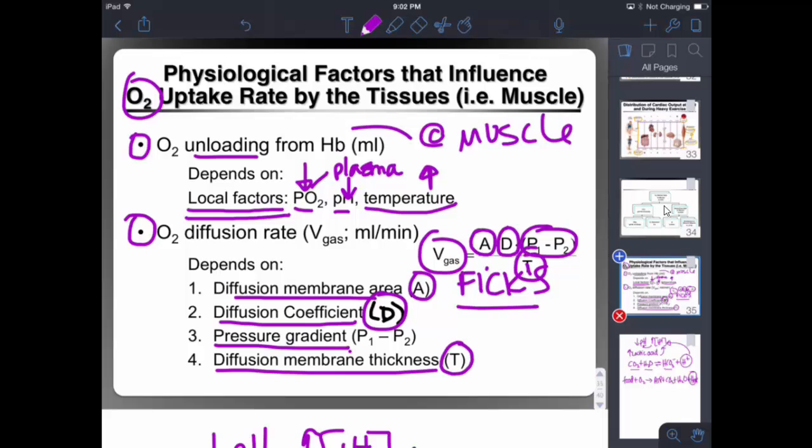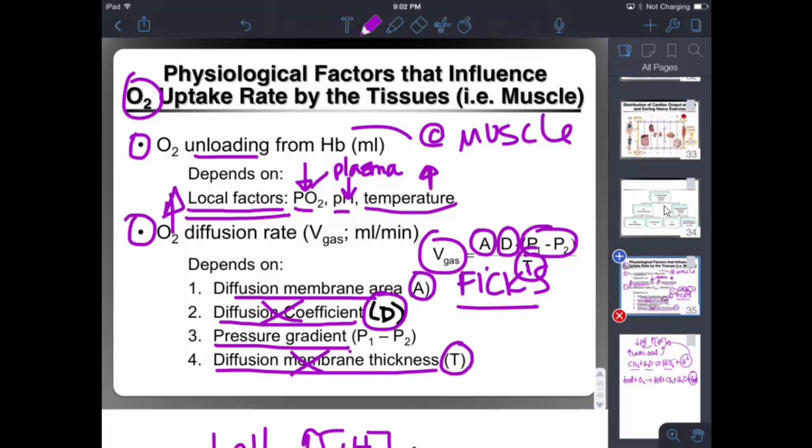And fourth, it's affected by the thickness of the diffusion membrane, which is T. Okay? And during exercise, the oxygen diffusion rate goes up, not because the coefficient changes, because that coefficient is constant, and not because the diffusion membrane gets any thicker, because although membranes technically can get thicker over time, they're not going to thicken on an acute basis.